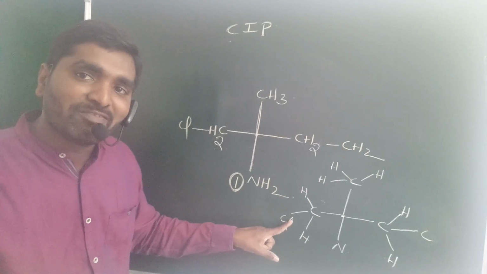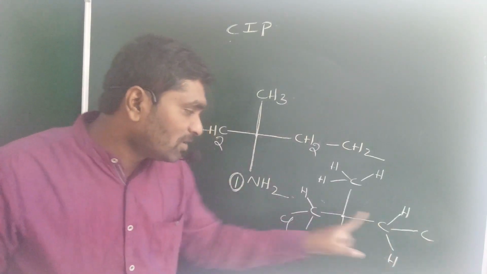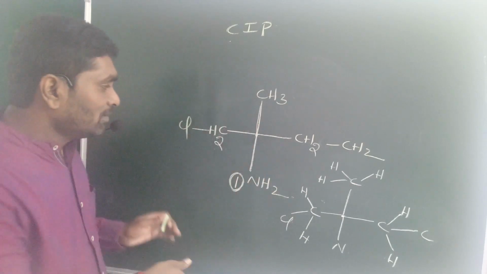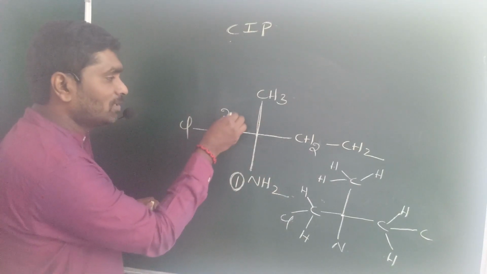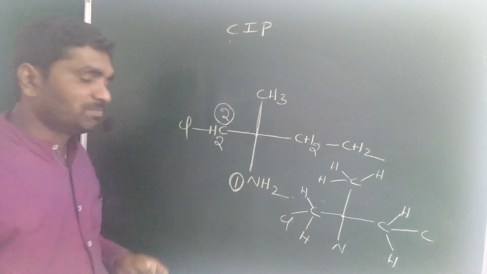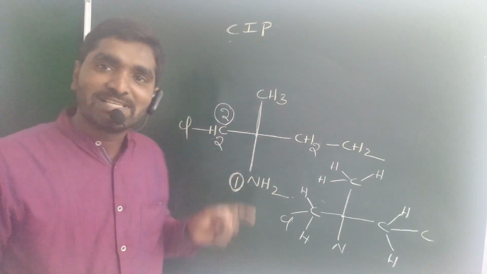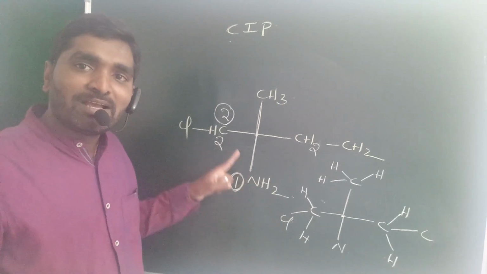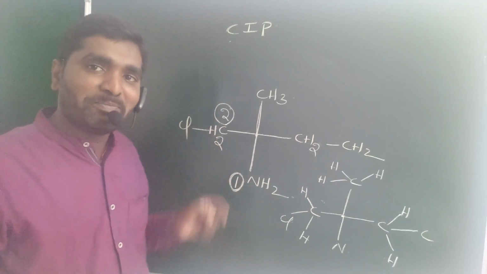This is the more dominating factor. Compared with carbon, chlorine has a higher atomic number. So this carbon has the next priority. This carbon is the second priority group. Nitrogen is the first priority element and this should be the second priority group.